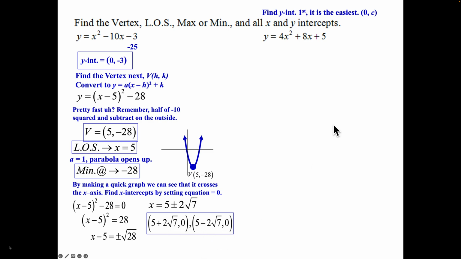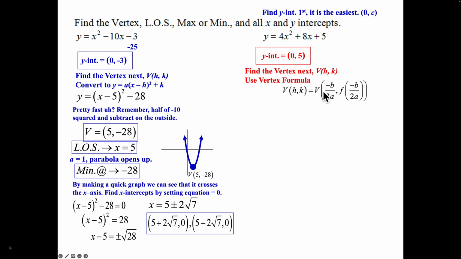All right, next example, y equals 4x squared plus 8x plus 5. First things first, let's do your y-intercept, (0, 5). Now, because we have a 4 here, I think I'm just going to go to the vertex formula. So I'm going to find my negative b over 2a, negative 8 over 2 times 4.